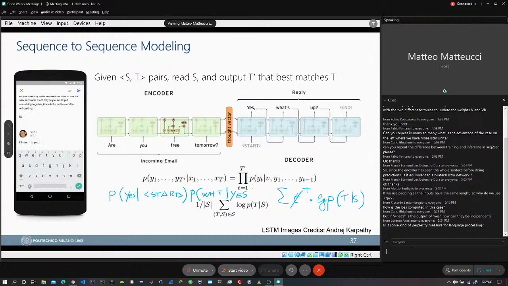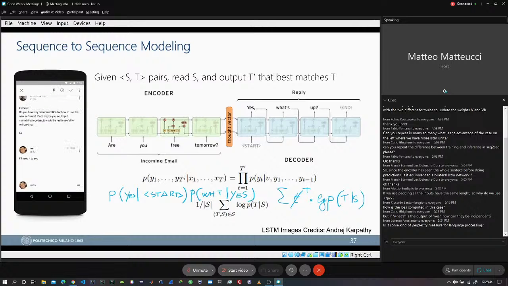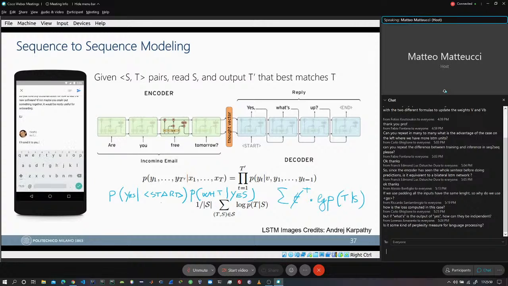So you consider the probability of the output: the probability of yes given start, times the probability of what given yes, times the probability of this. They are not independent because actually the probability of what depends on yes.